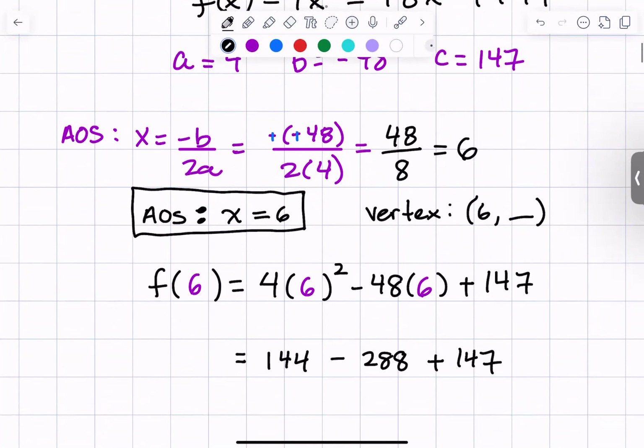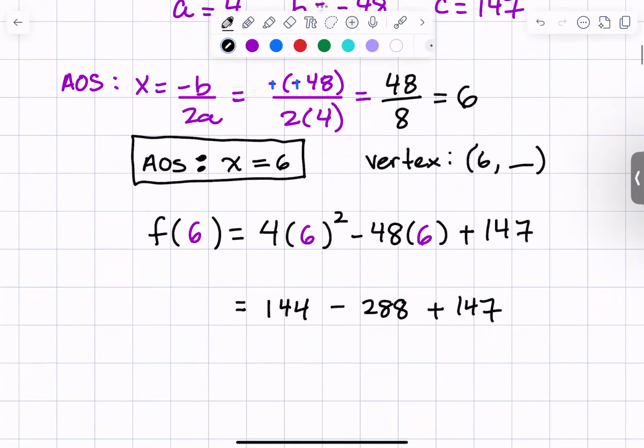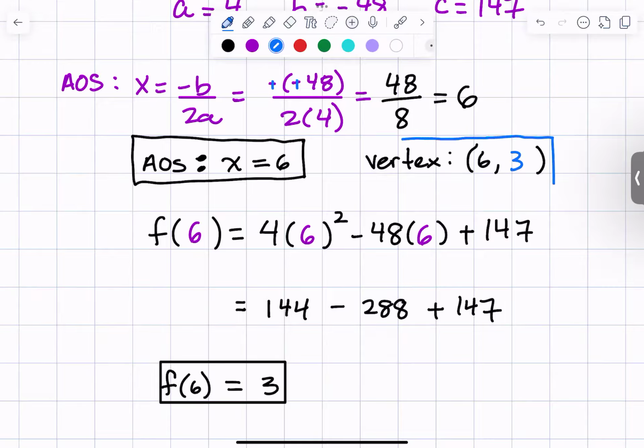And if you do that math, f of 6 equals 3. So now my vertex point becomes (6, 3). So I found my vertex, and I found my axis of symmetry.